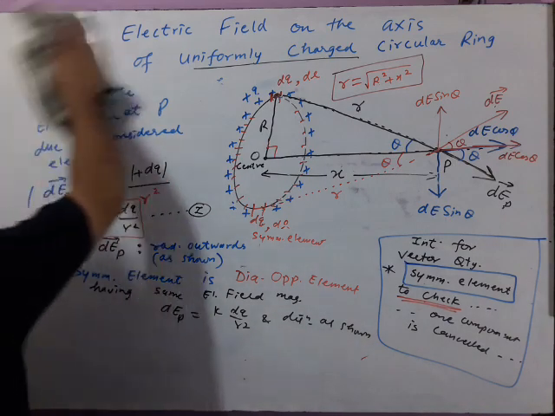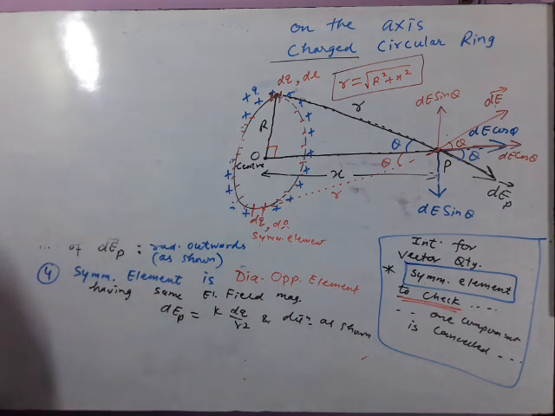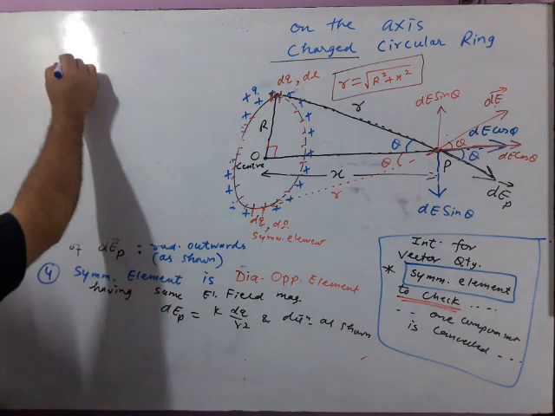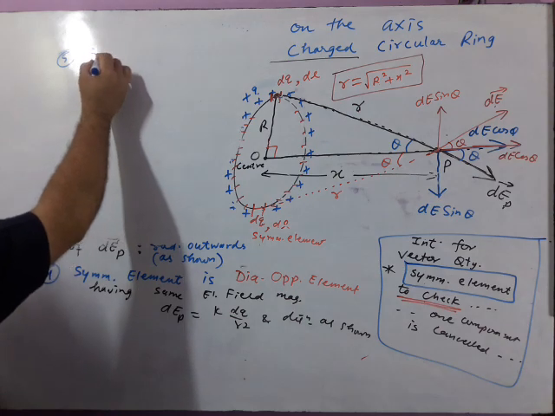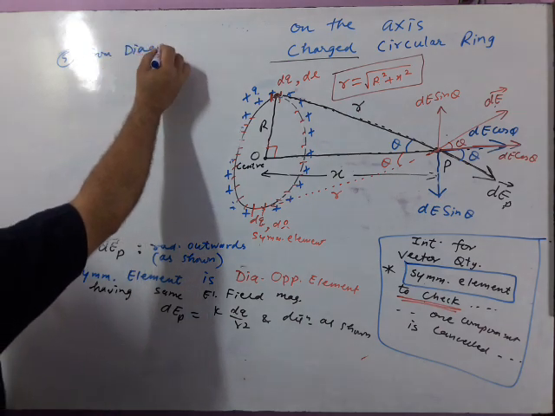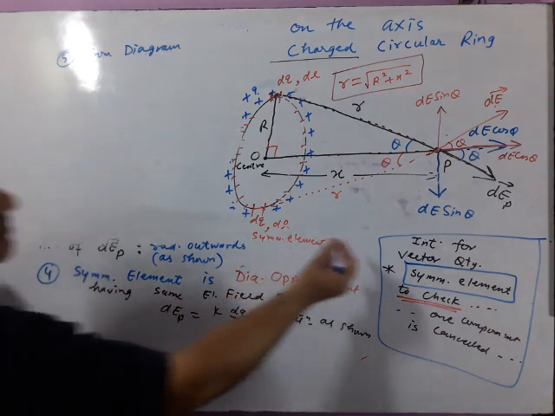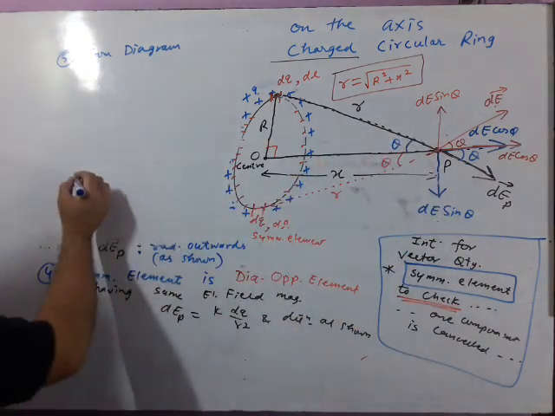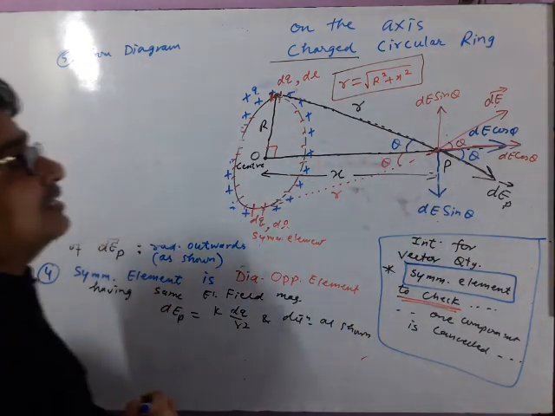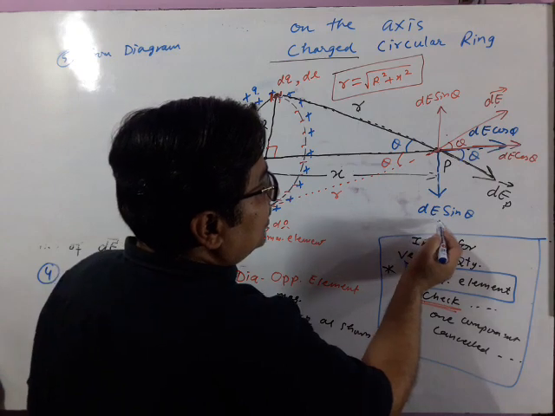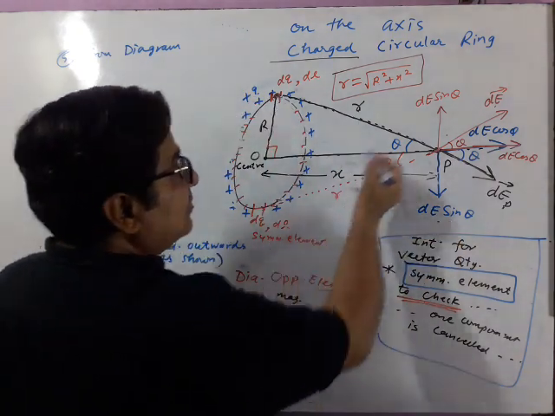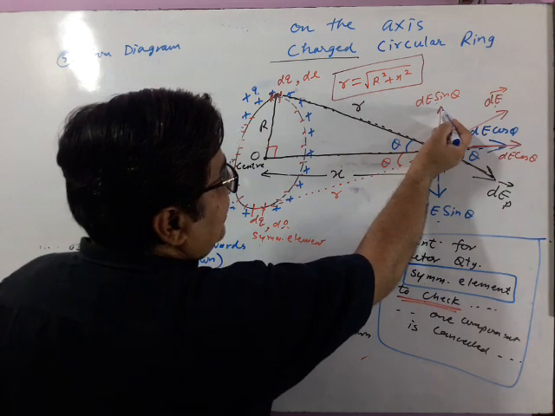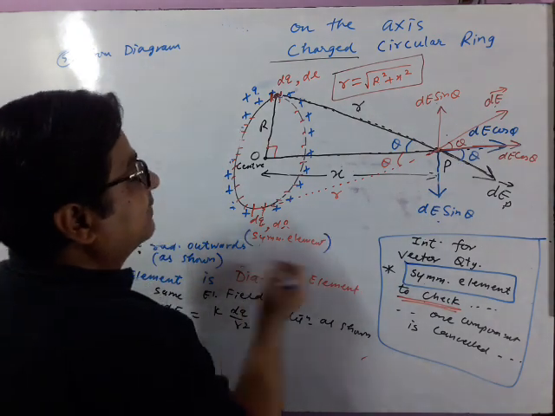Now in step number 5, you see from the diagram that the sine components are cancelled. This is dE sin theta for the considered element, and this is dE sin theta in the upward direction for the symmetrical element.